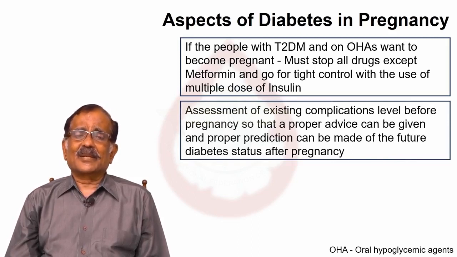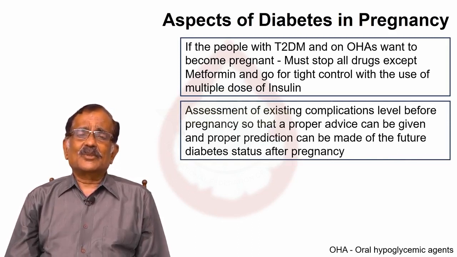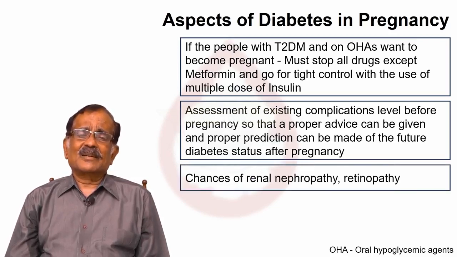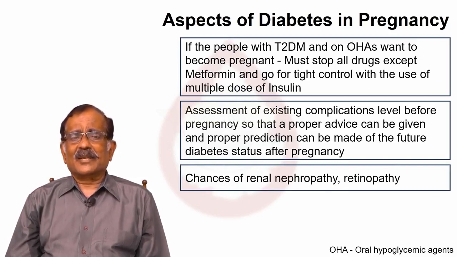See, as you know, type 1 diabetes patients may have had diabetes for many years before planning for pregnancy, and so they can have nephropathy, they can have retinopathy. So all these complications must be properly assessed when you are planning for pregnancy.